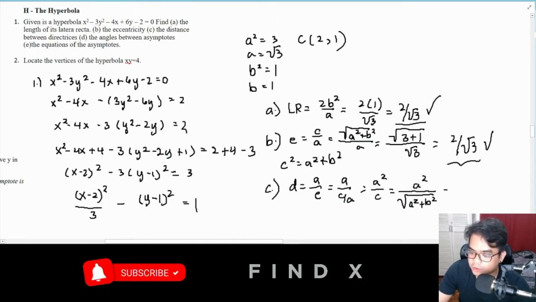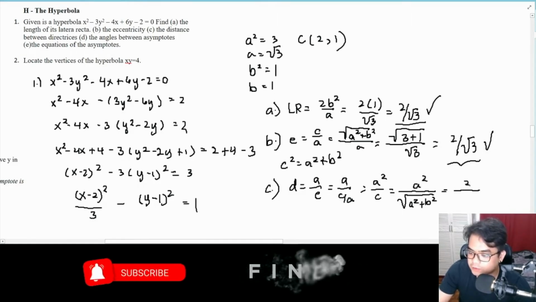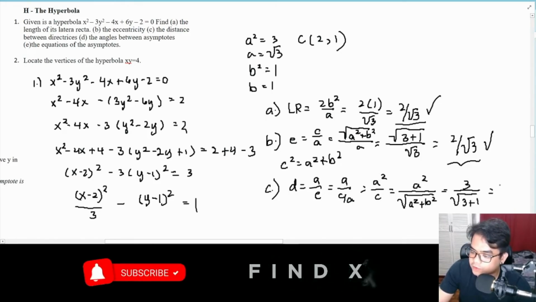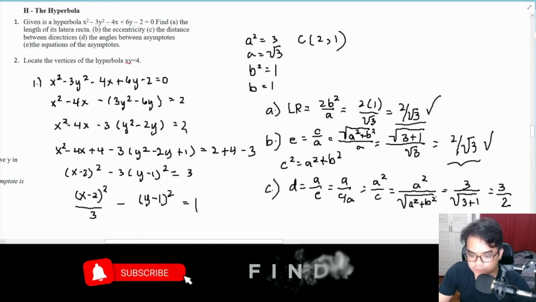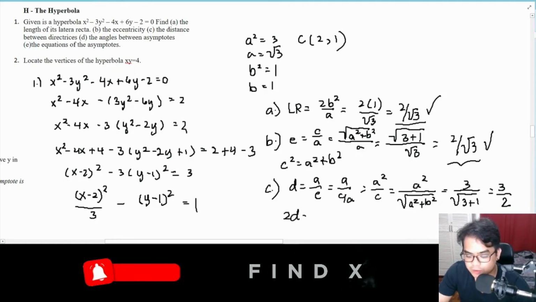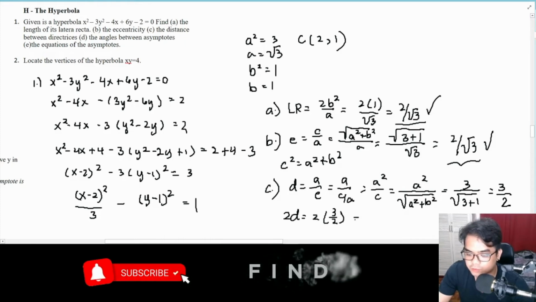So a squared is 3, so 3 over square root of 3 plus 1. So this is 3 over 2, but you have to multiply that by 2. So 2d is equal to 2 times 3 over 2. So cancel out the 2, and the answer is just 3.